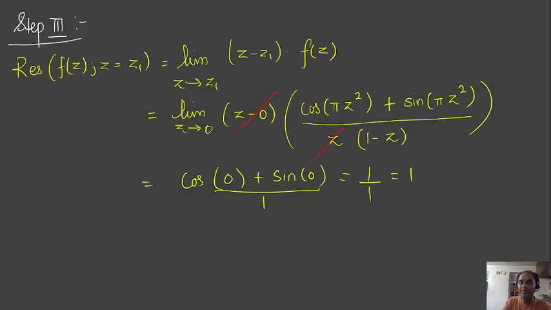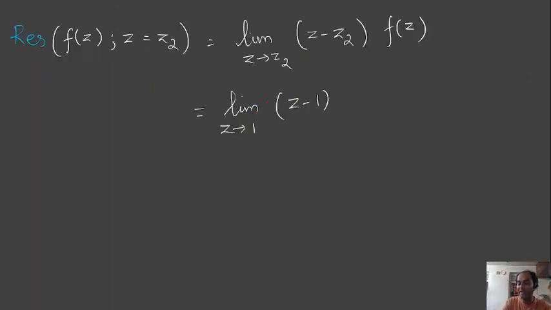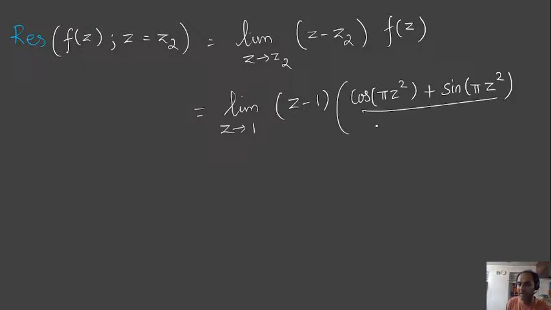Now you have to be very careful in this example. Here in numerator there is cos pi z square, that is okay, plus sin pi z square, that is also okay, but in denominator there is z into 1 minus z. So the moment when we do the cancellation, you will be left with minus 1 over here. So the limit will become negative.